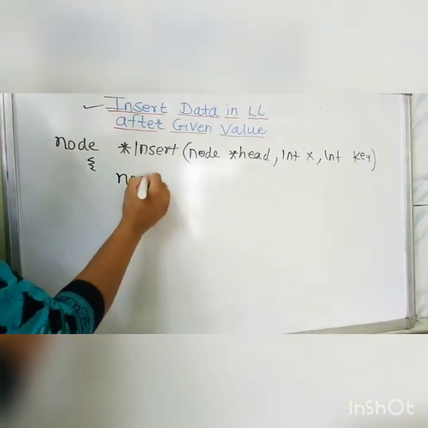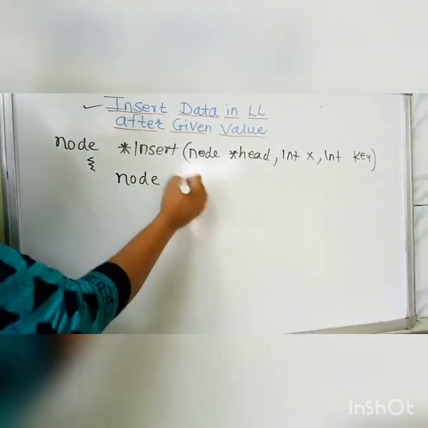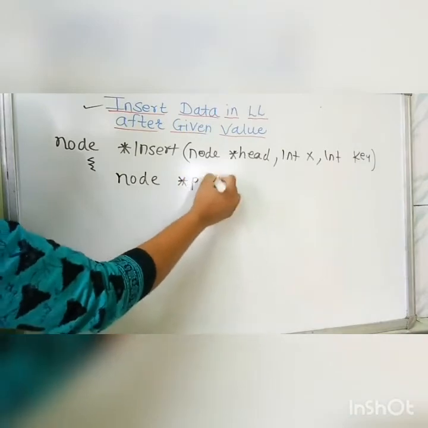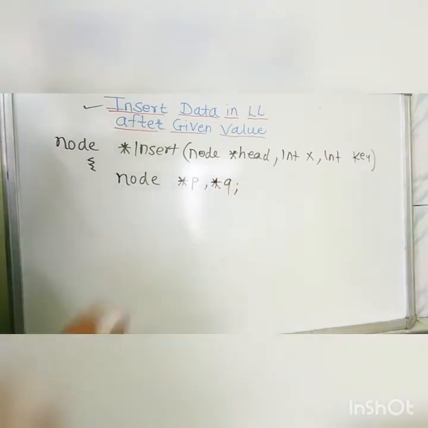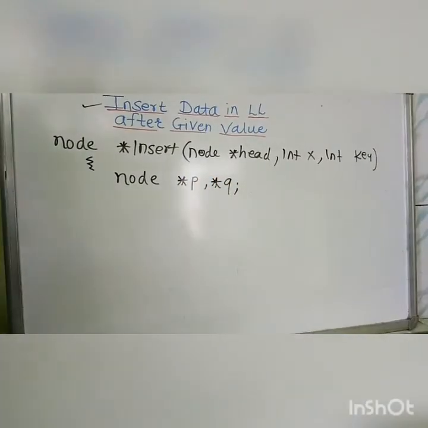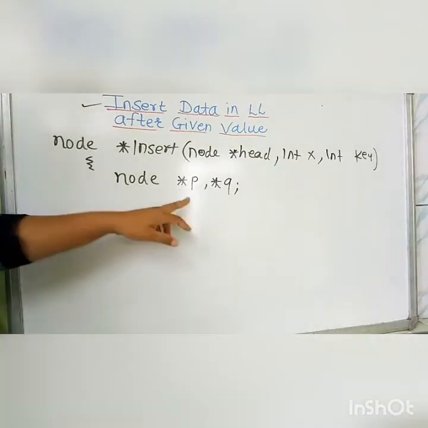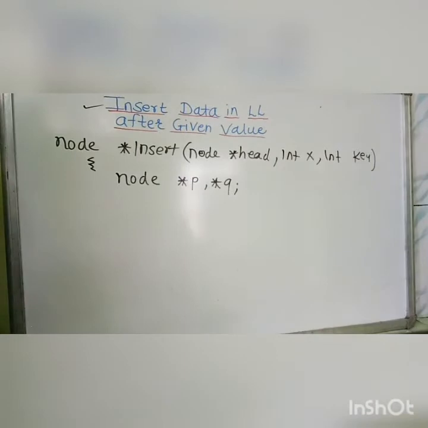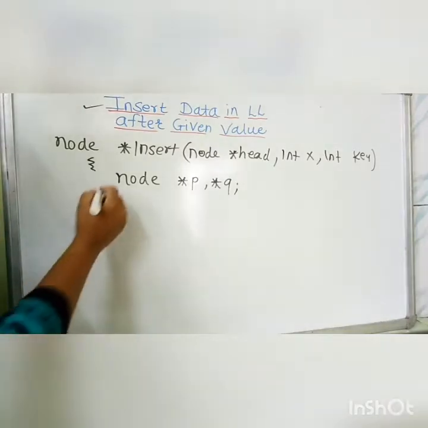Head is the starting point and we have it previously, but in this case we will have to create two dummy nodes, that is *p and *q, to handle this situation. Suppose P is taken for a new node, then we all know that when we take any new node in a linked list, we have to create memory.